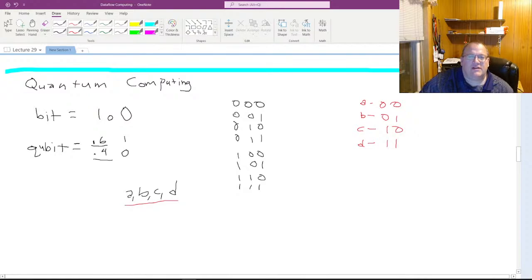So when this is a 0, this has a distinct possibility to be a 0 based on the entanglement between them. But when this one doubles, it goes to 8, then we have an A, a B, a C, a D, an E, an F, a G, and an H. So you'll notice that in a regular bit, every time you add one, you double the number of possibilities.